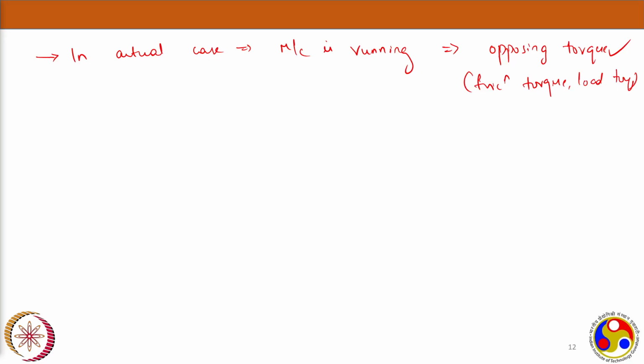Therefore there will be local I square R losses, and on the shaft, motor power is being dissipated, which is in terms of mechanical power.